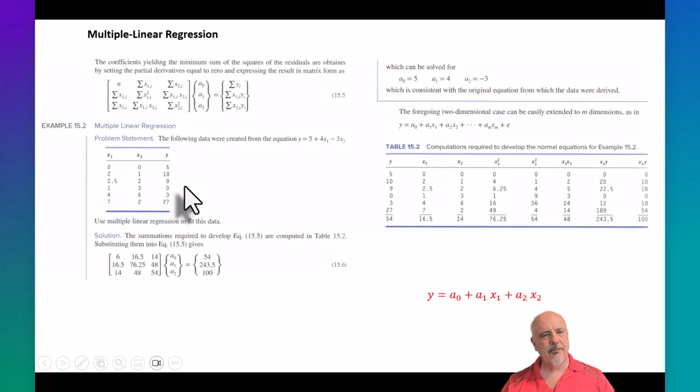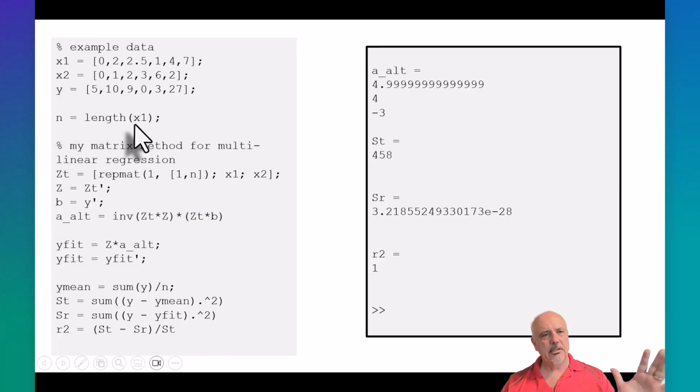Okay, so I've replicated that well. I got my N as the number of data points. And then I go through with my matrix form. Remember, I build it by Z transpose. So I go that row of ones, that's N wide. And then I concatenate X1 as the second row, X2 as the third row. All right, then I go ahead and get my transpose like that.